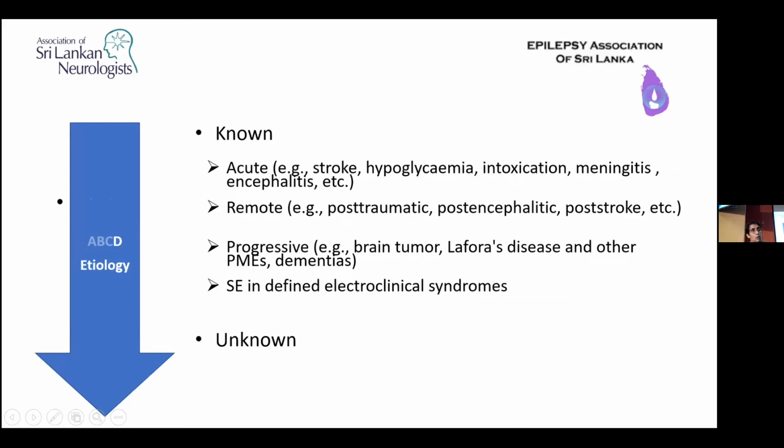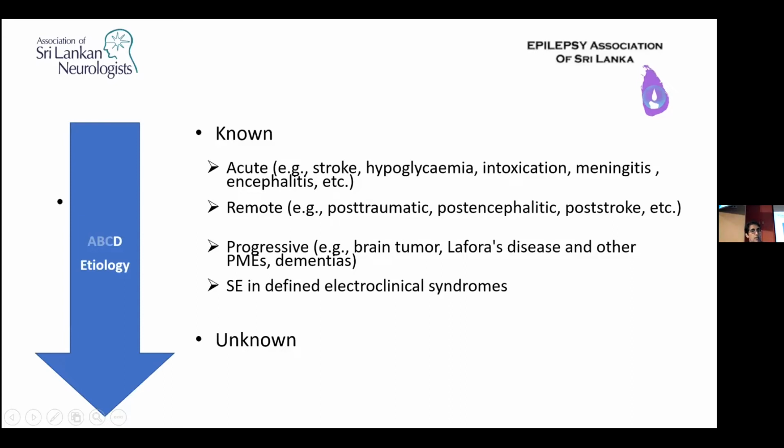If you have a known pathology that we might be able to elicit, maybe acute symptomatic conditions such as meningitis or encephalitis, hypoglycemia, vascular events, intoxications, and you can add a lot more to this list. We might also be thinking of remote pathologies, post-traumatic, post-encephalitic, etc., or even a progressive cerebral condition.